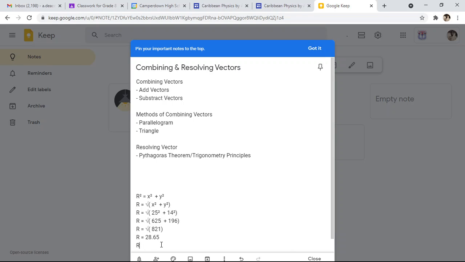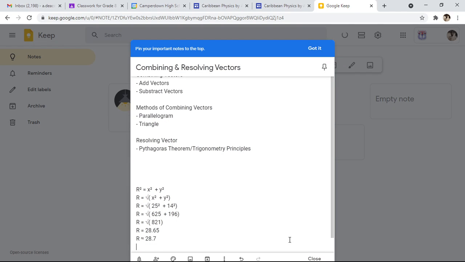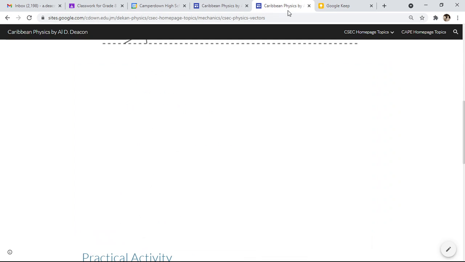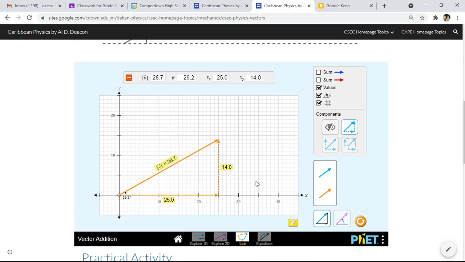And I can say r, reach for the approximate sign there, is approximately, when I round it off, 28.7. See it? 28.7.